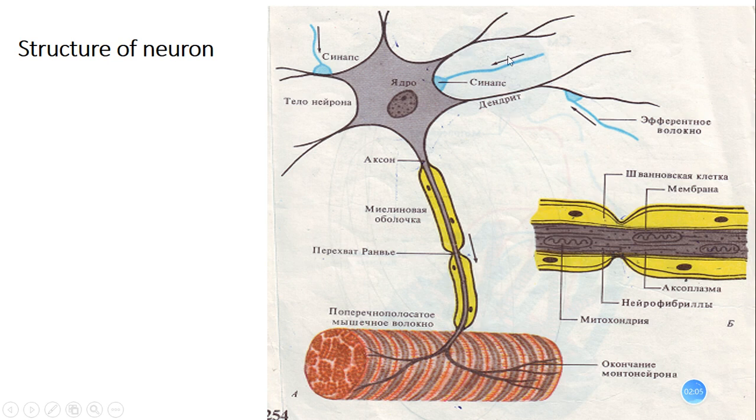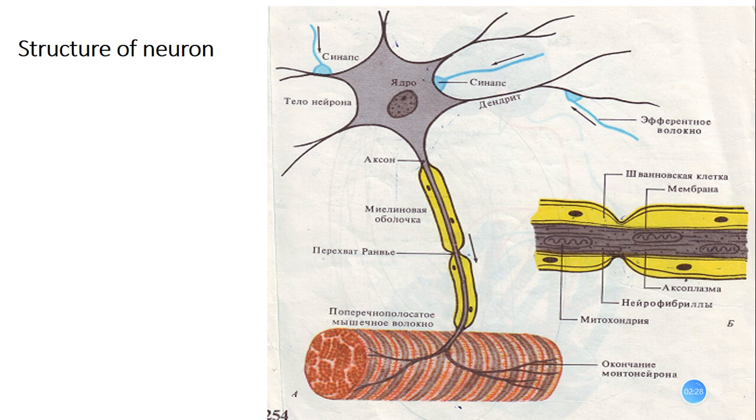Again, this is a motor neuron. And again, by function, we can divide neurons into sensory neurons and motor neurons. Another name for sensory neuron is afferent neuron, and another name for motor neuron is efferent neuron.